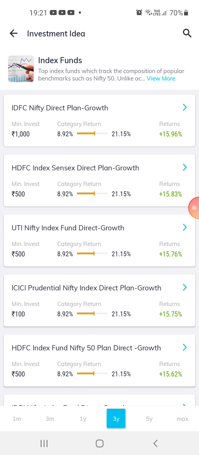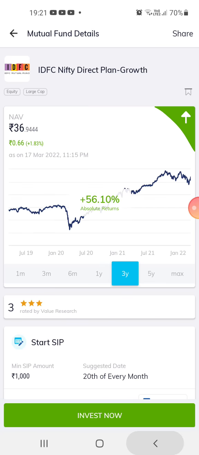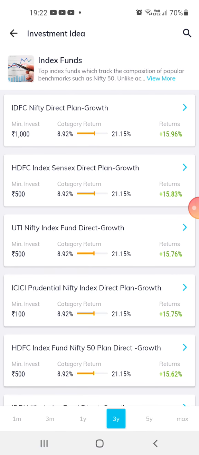It's giving about 15% returns. If you're investing 1000 every month, the same principle you can apply for option trading. You can invest say 1000 every month, and you can get more out of option trading, but you need a lot of practice for that. So if you invest 1000 every month, this is the returns you get.